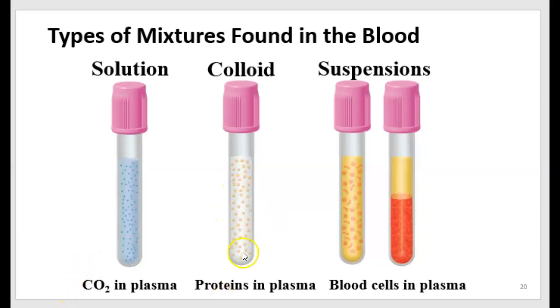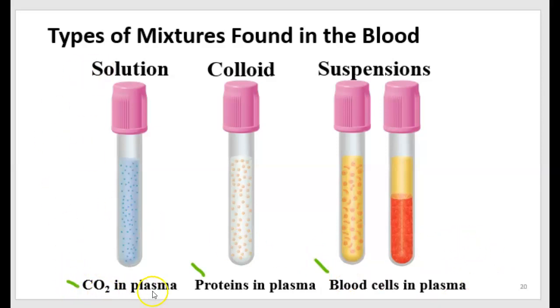We have proteins, like antibodies. And then we have cells, like red blood cells and white blood cells. Each one of these different things are solutes found within the solvent water or plasma. CO2 is the smallest, proteins are slightly bigger, and of course blood cells are even larger.